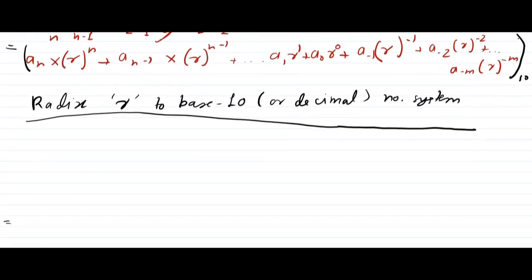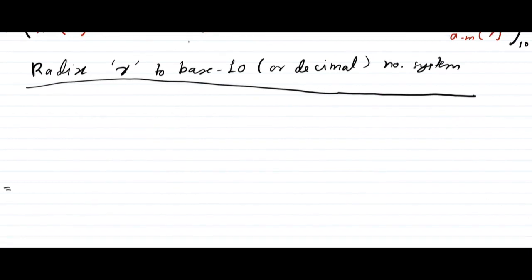Now let me give you an example. Suppose I have a number like this: not 280, let me give you 246, and its base is 8. Let me check whether it is a valid number or not.